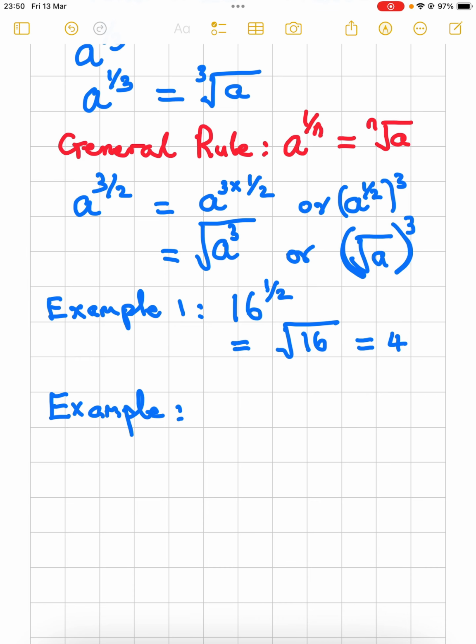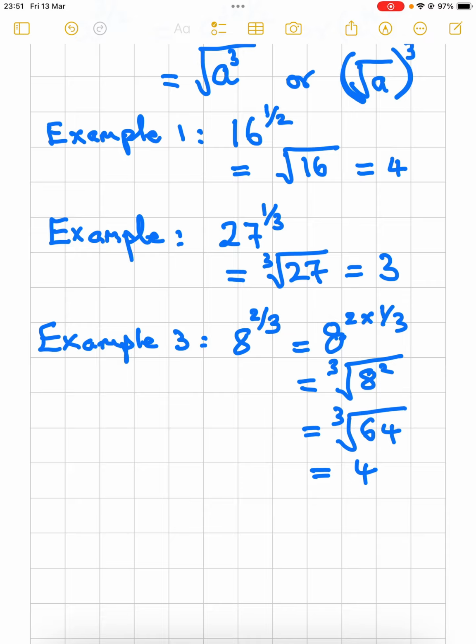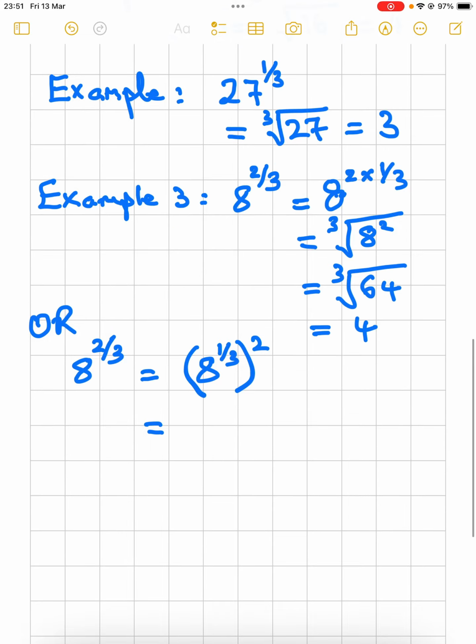Now let's follow the other way to solve this. 8 raised to power 2 over 3 could also mean, or, 8 raised to power 1 over 3 raised to power 2.